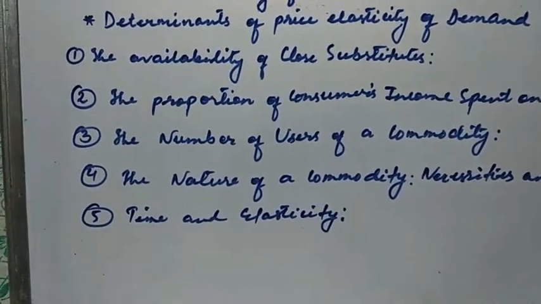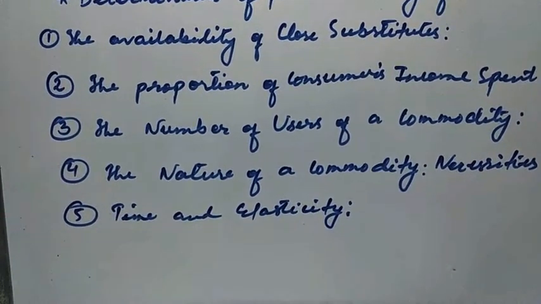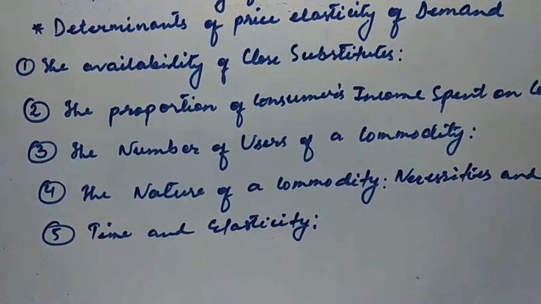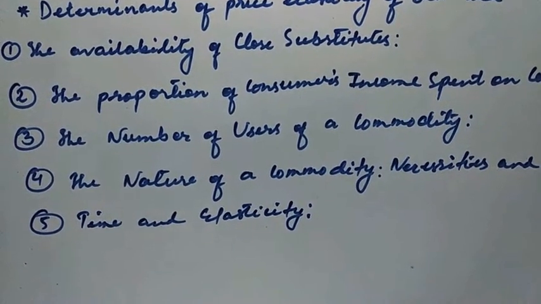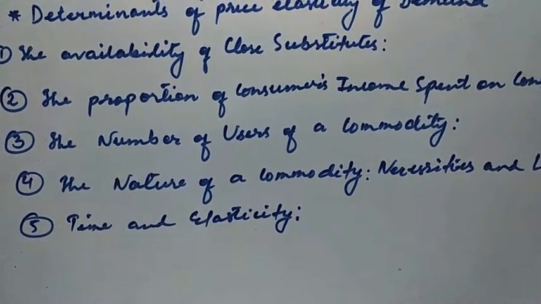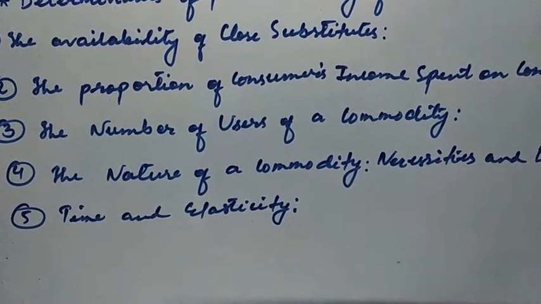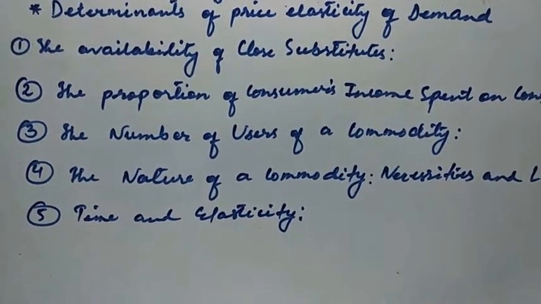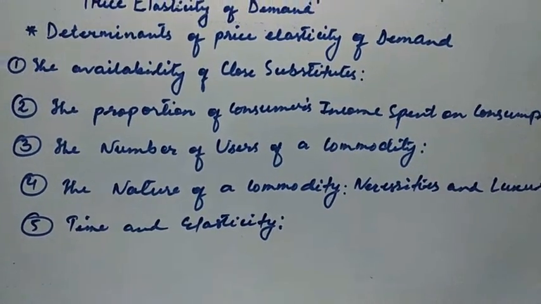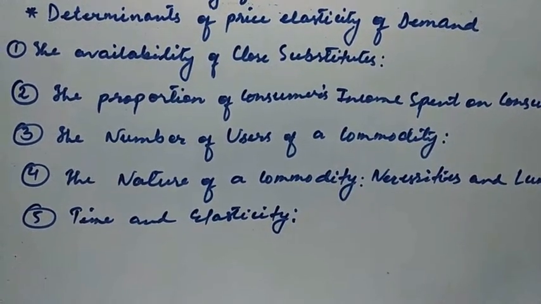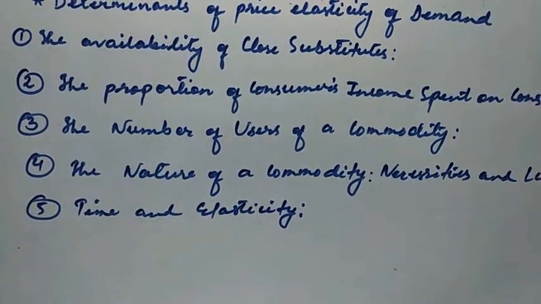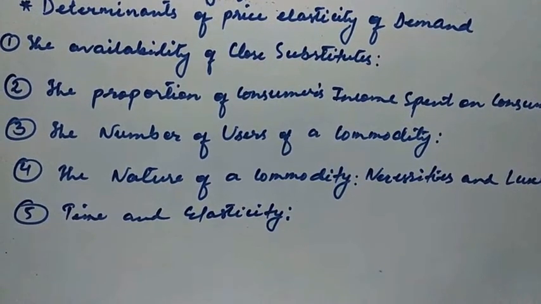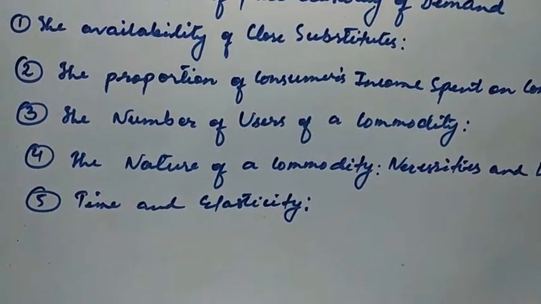Let us give an illustration for that. Why does demand tend to be more elastic in the long run? This is because consumers can substitute goods in the long run. In the short run, substitution of one commodity by another is not so easy. So the longer the period of time, the greater is the ease with which both consumers and businessmen can substitute one commodity for another.